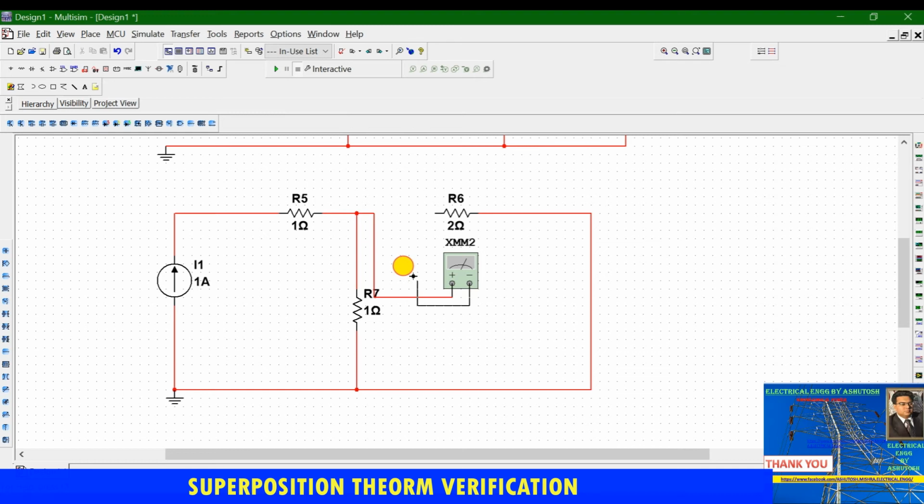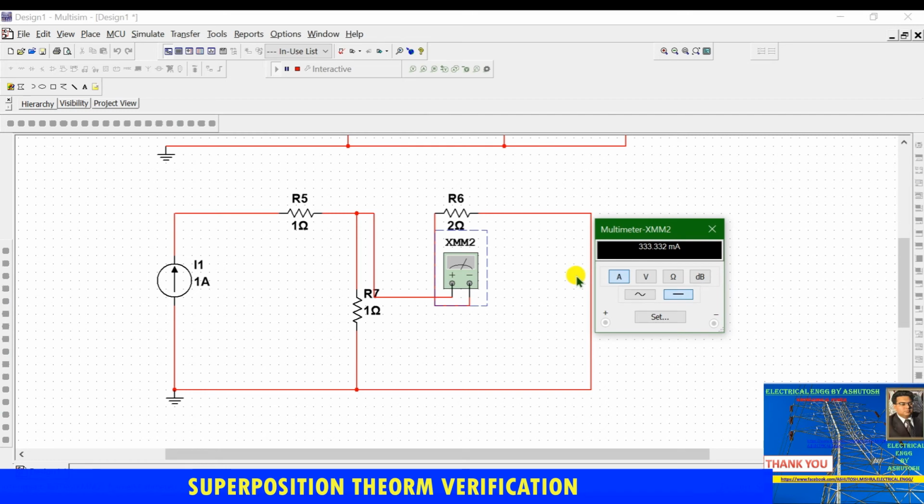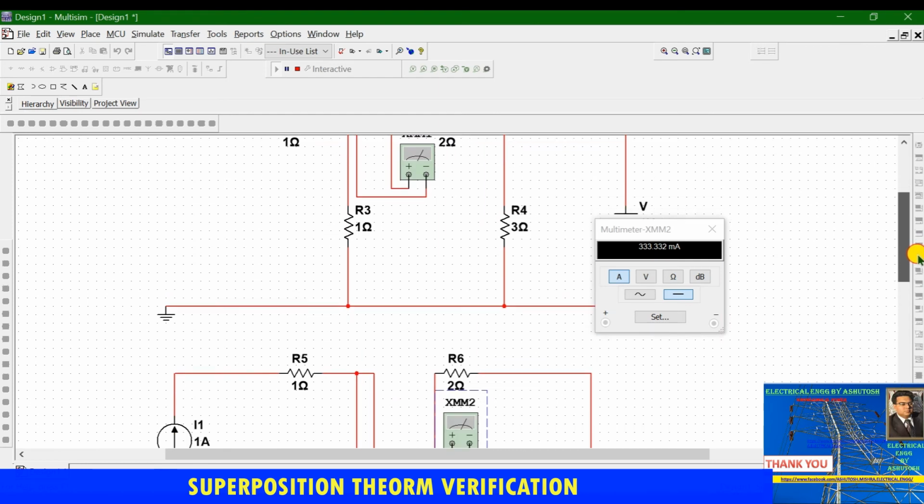You have to remember, if negative current comes, then reverse the connection. So we will see how much current flows when you run the simulation, and select ampere meter. Here again the same amount of current is flowing. You can see the same amount of current here and here.